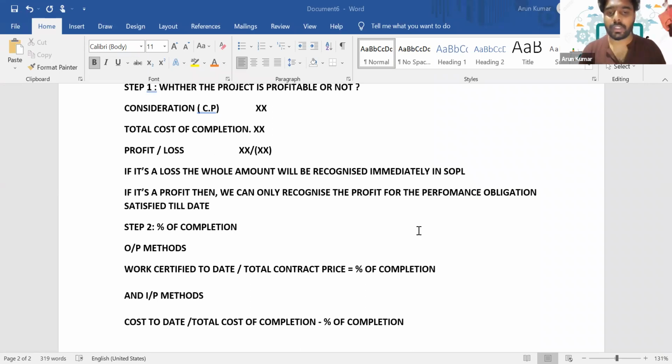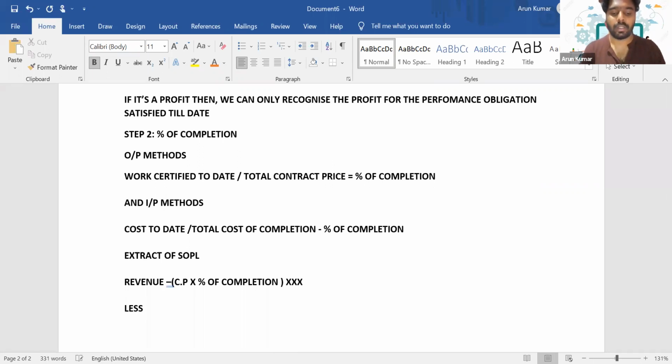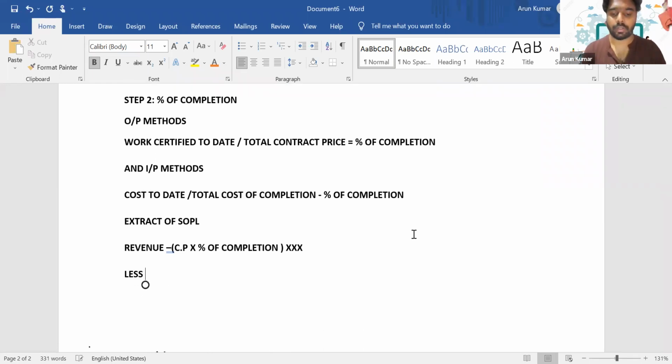So once we calculate the percentage of performance obligation, the next step is preparing the extract for SOPL. So when we prepare the extract of SOPL, we have to calculate the revenue. The revenue will be the total contract price multiplied by the percentage of completion, less the cost of sales.